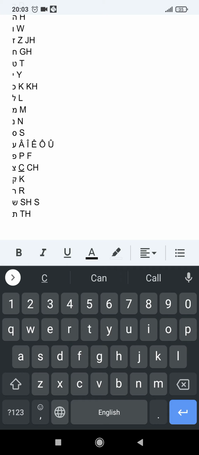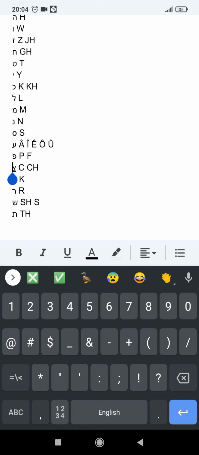Okay, the letter tzadik, ts. But if you put a little symbol, I don't remember how it is called, like that, then it's a ch, like check. Kuf, k, reish, r.